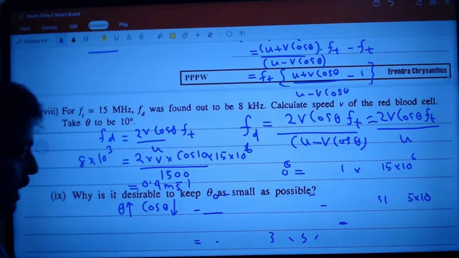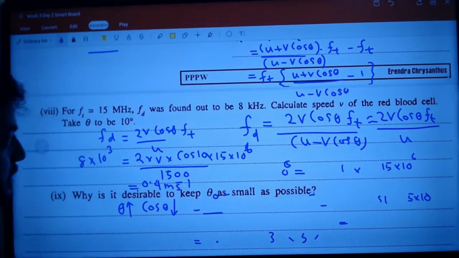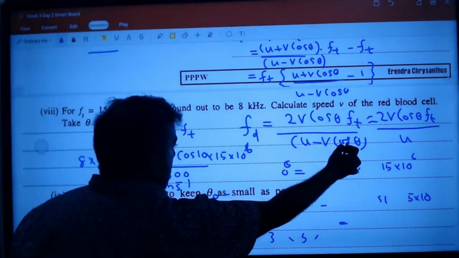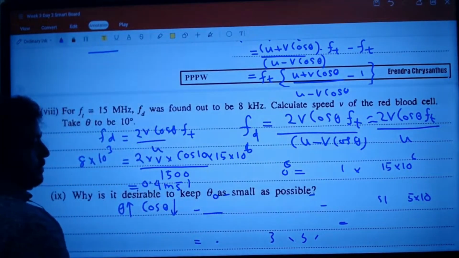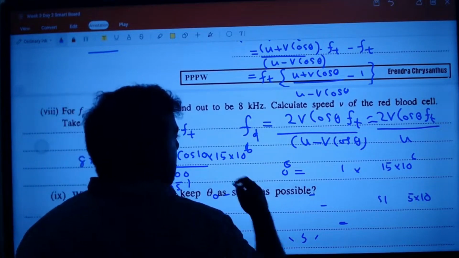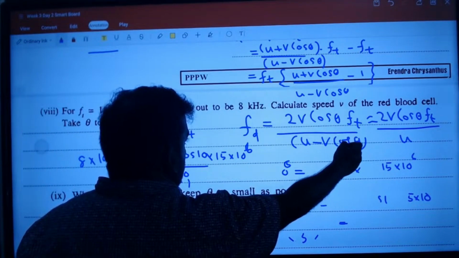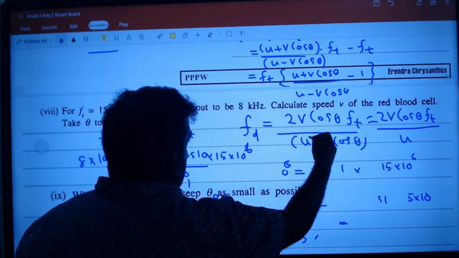If cos theta becomes small, the denominator will become large, no? This is small, so the difference is large.